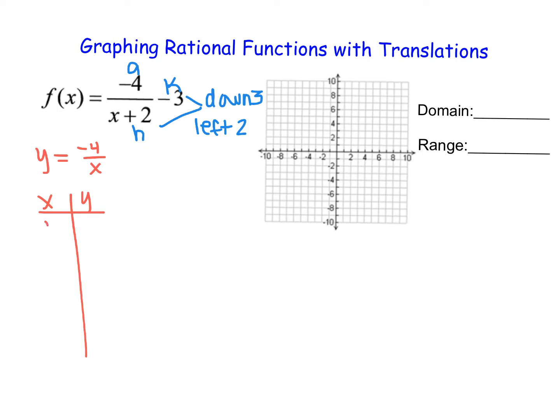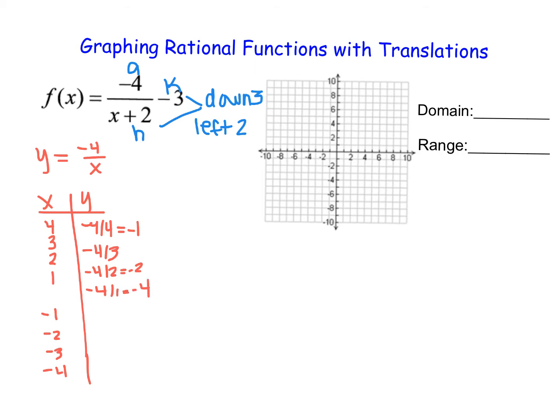Again, I'm going to look at the points 4, 3, 2, and 1, and then -1, -2, -3, and -4, just to get a feel for those. So here we have -4 over 4, so our y value is -1. Then we have -4 over 3, -4 over 2, which is -2, and -4 over 1, which is -4.